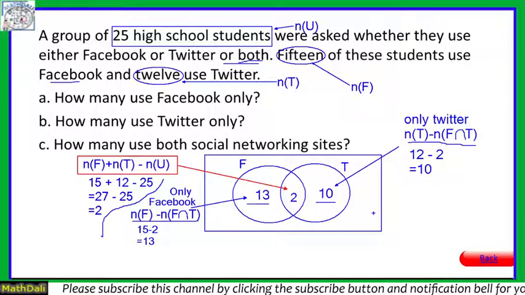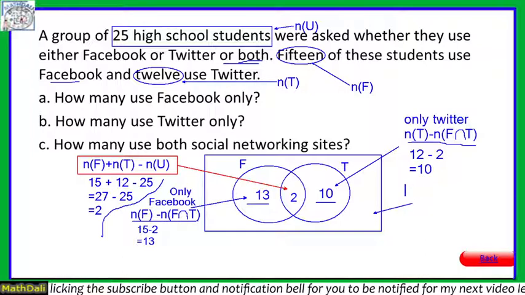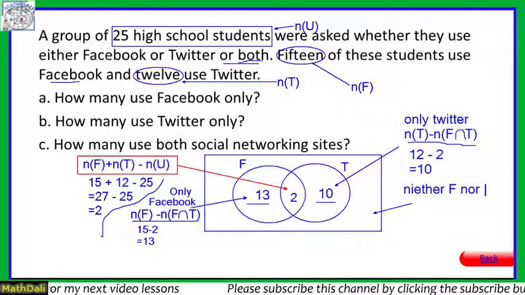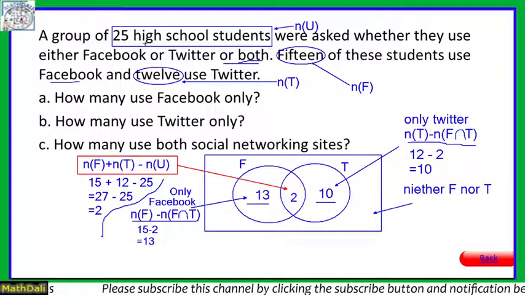Ngayon, ano naman lalagay natin dito sa labas? Okay, so neither Facebook nor Twitter. Ilan yung student na gumagamit? So, tandaan niyo dito sa given natin, 25 high school student were asked whether they use Facebook or Twitter or both.